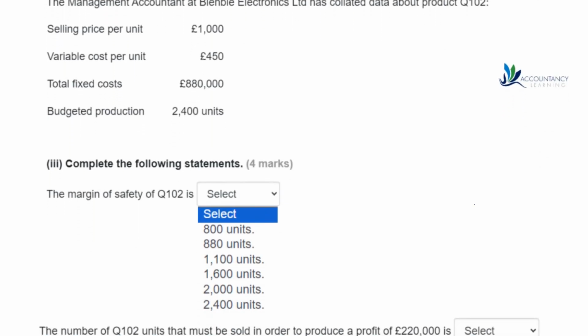We are then given a little bit more information about a different product called Q102 from the same company. And we've now got to determine what the margin of safety is.